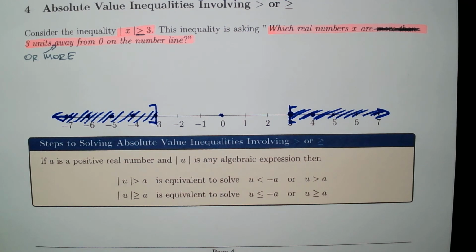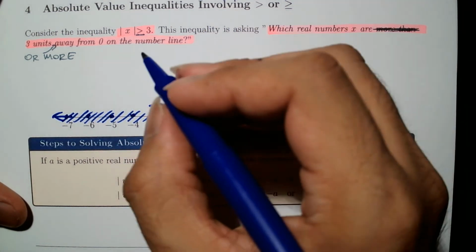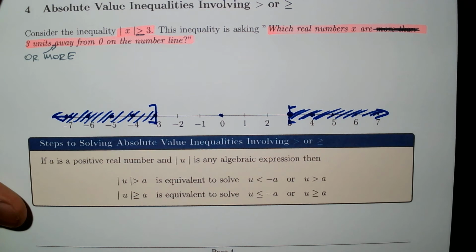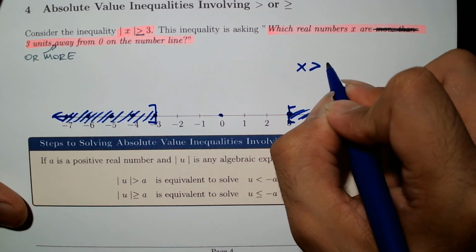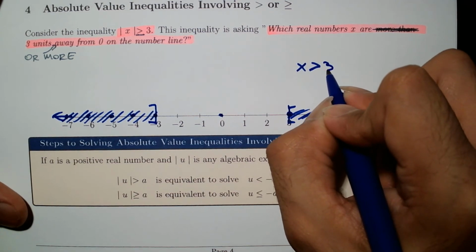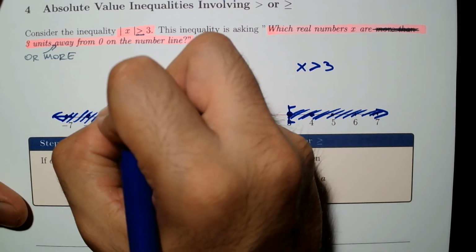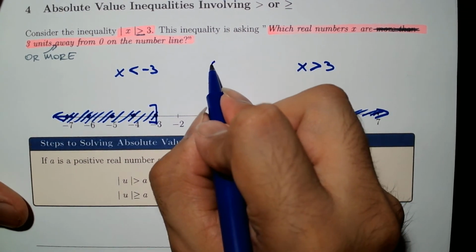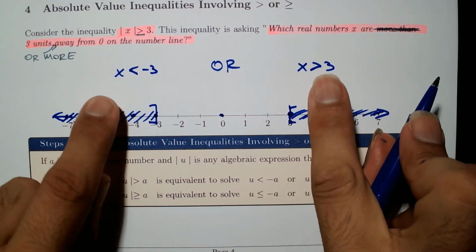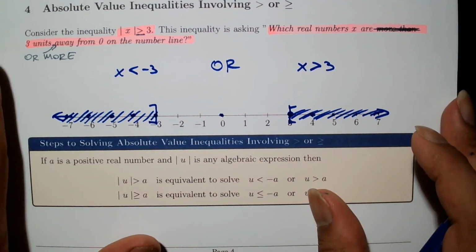All right, so what is going to be the solution? In this case, we're going to have x greater than or equal to 3, or x less than or equal to negative 3. Or we use the grouping symbol from sets, the OR symbol.